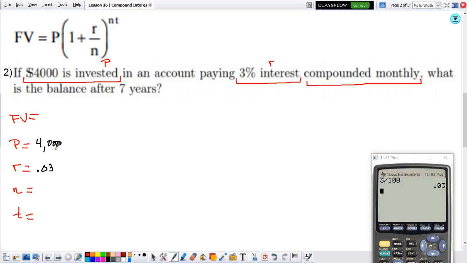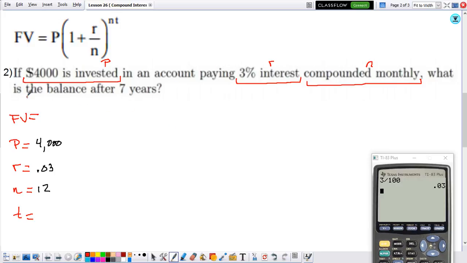That means that the value of N is 12. Because N is how many times does the event happen per year. And here it's telling you that it's compounded monthly. So every month is going to get compounded. So in one whole year, you're going to get compounded 12 times. So N has a value of 12.